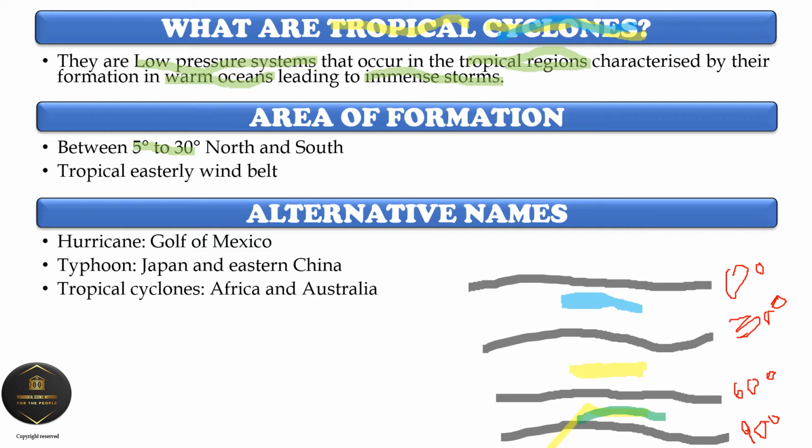So that's what we mean. Now, for air to move towards the system or to be deflected towards the system, we need a specific force known as the Coriolis force. Now, the Coriolis force is the one that is responsible for the deflection of winds. I hope we are fine with that. And remember, the Coriolis force will deflect the winds as per Ferrel's law.